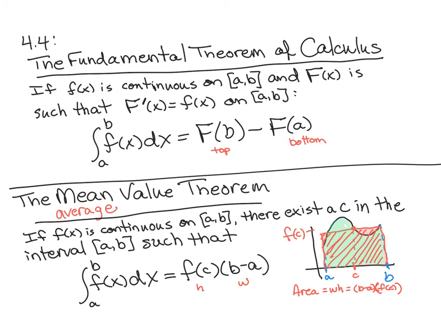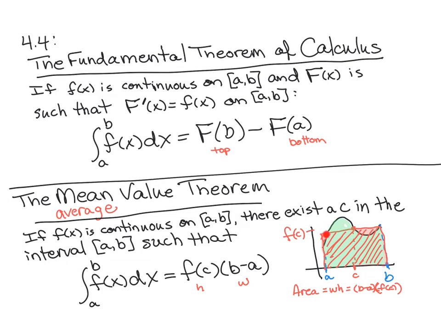All right? Mean value theorem, very cool, because if you look at my picture here, say I've got some function. Well, the area under there, which is the integral from a to b of the function, is marked in the green, right?